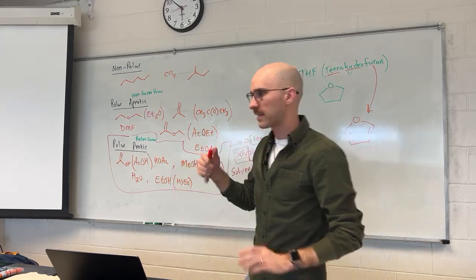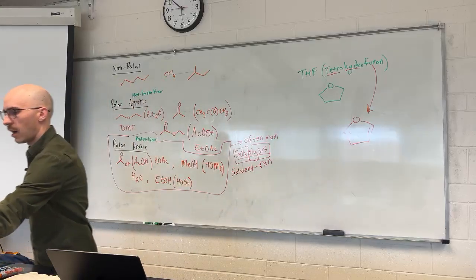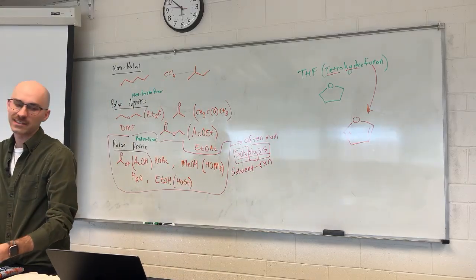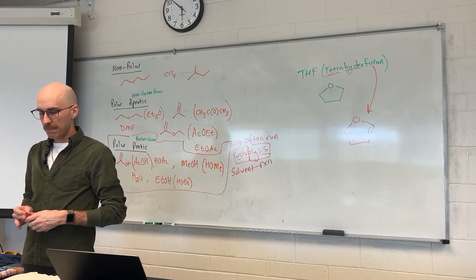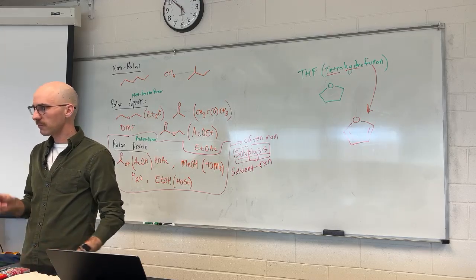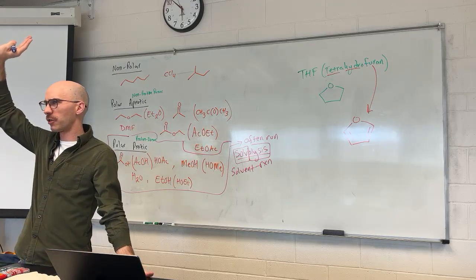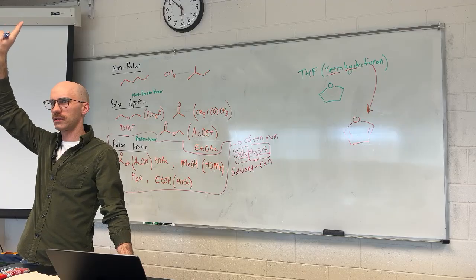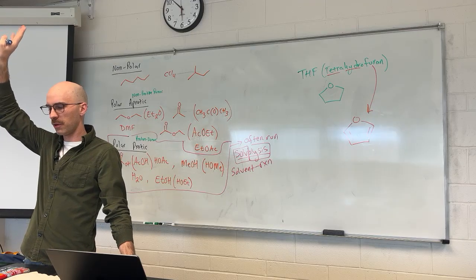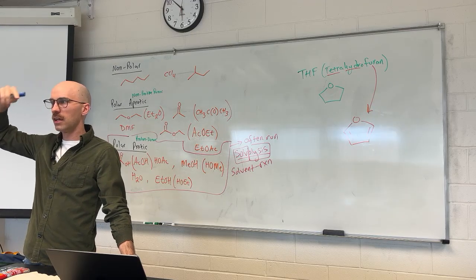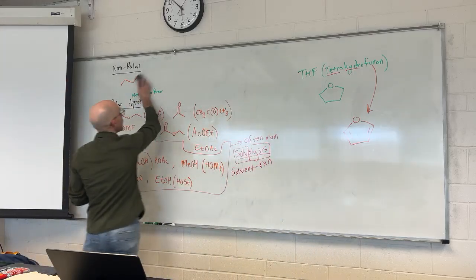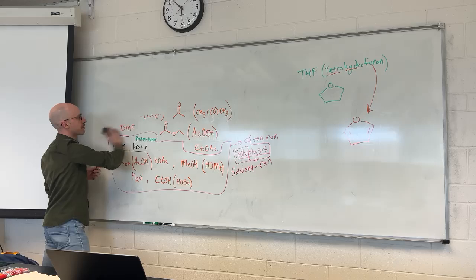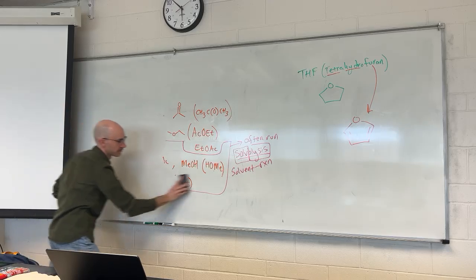Let's get into the back side of our sheet, which is on the logistics of mechanisms, the best part. How many of you have seen a reaction coordinate diagram before? Like what you see at the top of this page, it's not really filled in, but a reaction coordinate diagram where you see how the energy changes over the course of a chemical reaction.